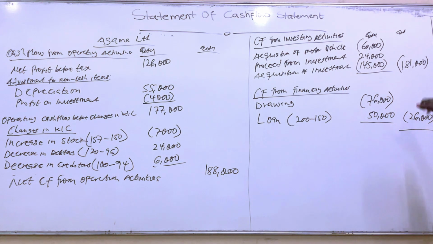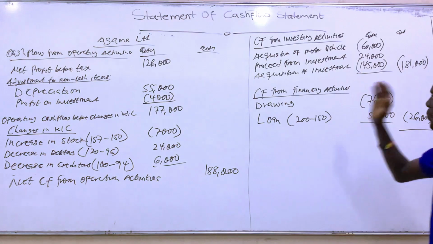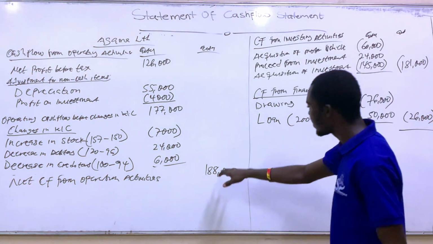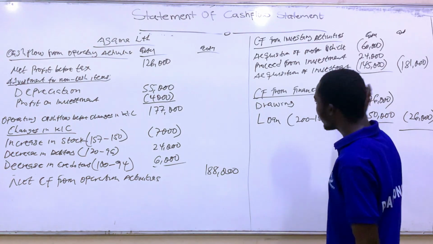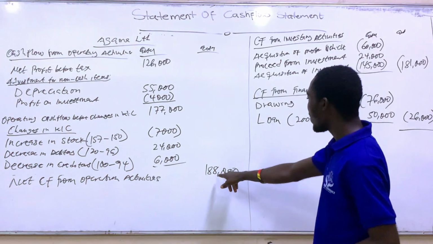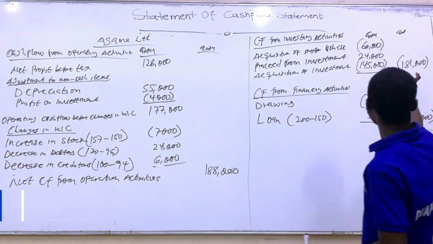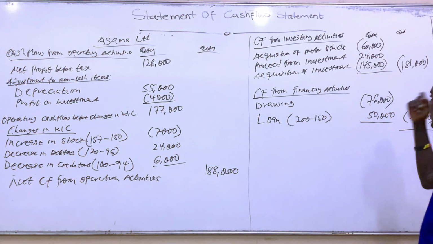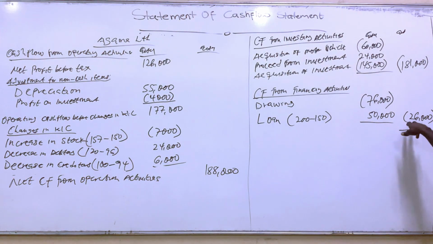So after we have calculated the net cash flow from operations, investments, and financing activities, we find the total for the three segments. That's the operating activities of 188,000, investing activities of negative 181,000, and financing activities of negative 26,000.